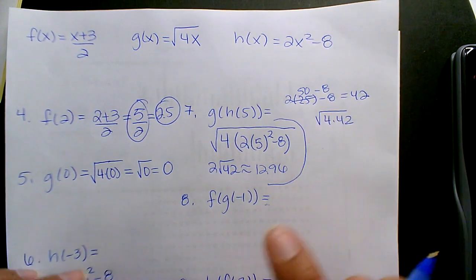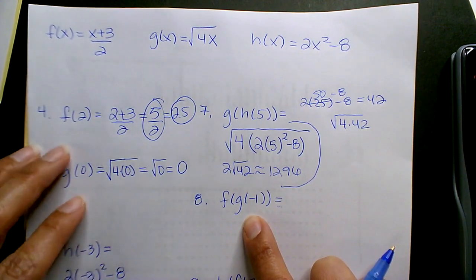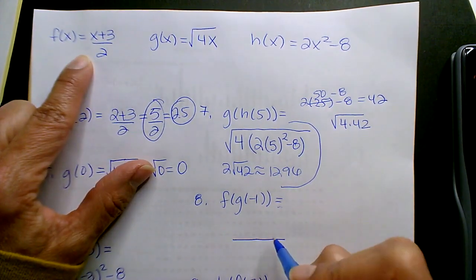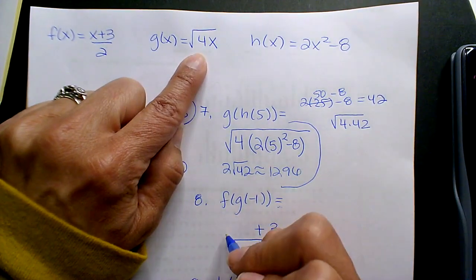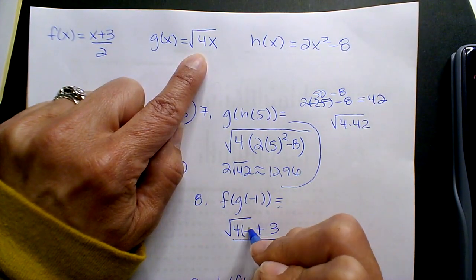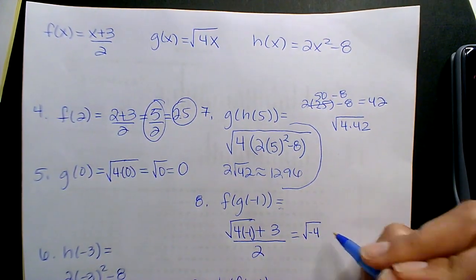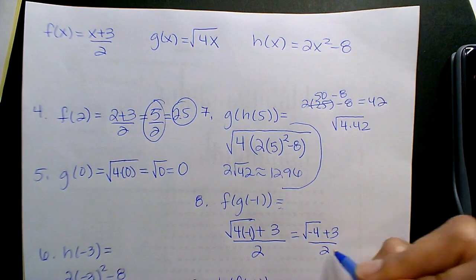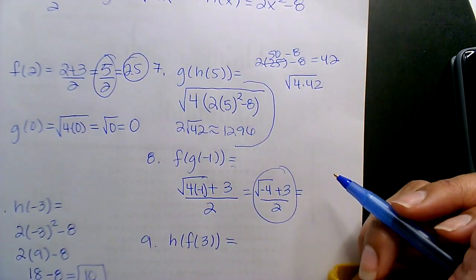Like I said, you guys got that one right. F of g of negative 1 is the one where some of you guys went wrong. If f is x plus 3 over 2, g of negative 1 is 4 times negative 1, so that gets you negative 4 plus 3 over 2. If you got this, you got credit for it.